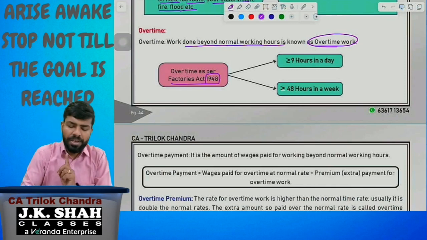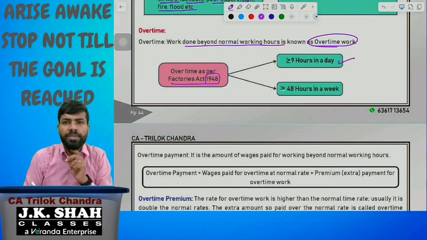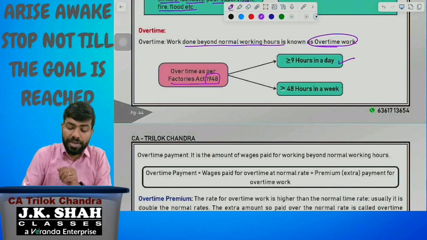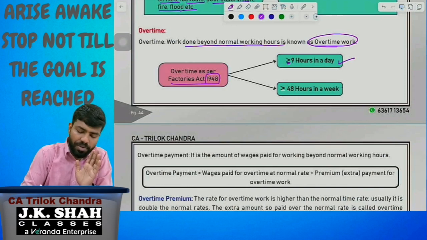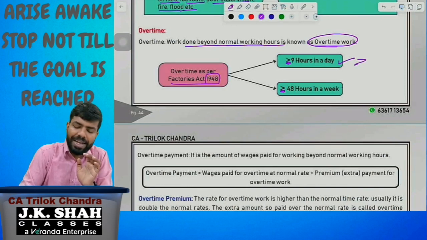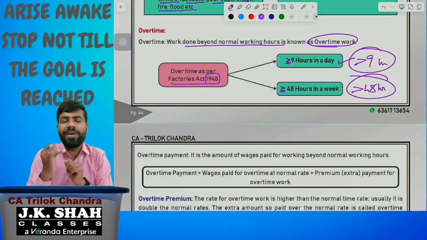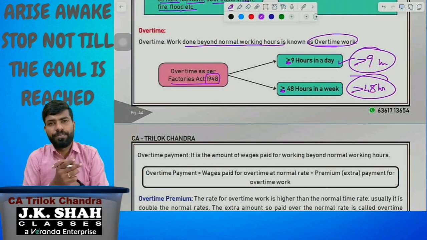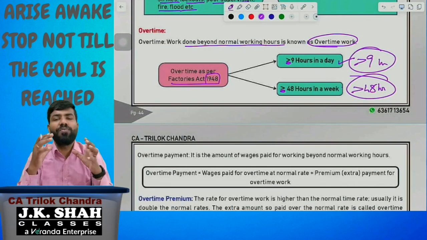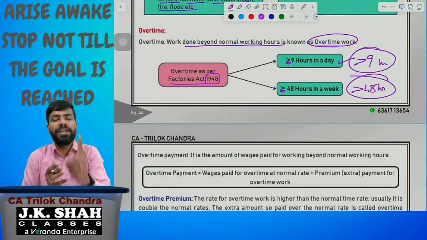Number one, in a day greater than 9 hours; in a week greater than 48 hours. This is the daily condition, this is the weekly condition. Working more than 9 hours in a day, or more than 48 hours in a week, will be considered overtime according to the Factories Act 1948. All of you clear about this?